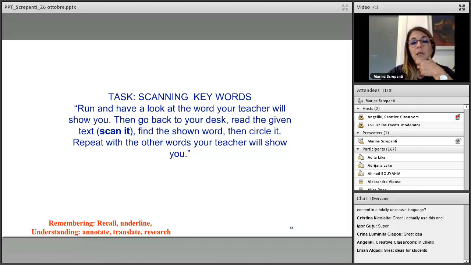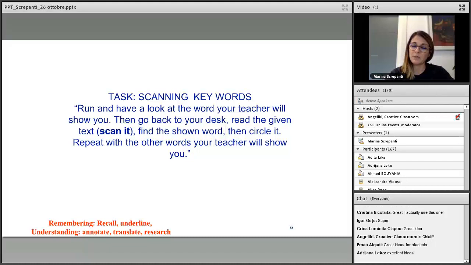Or scan keywords. This is a nice game. This is a total physical response game. We give students a sheet with a test, and then they have to run to the teacher and read one word that we have on a label that is part of the test, obviously.